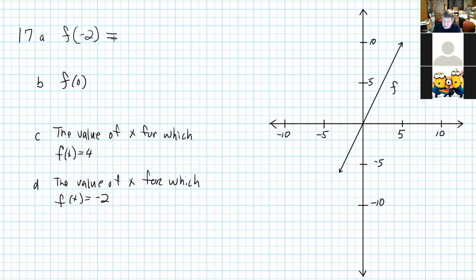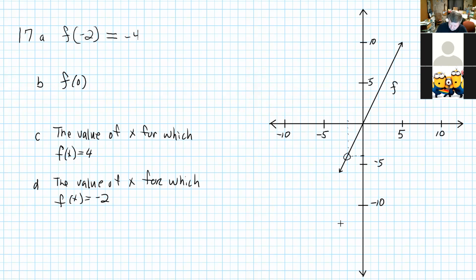F of -2 would be what? Well, that's like completing the ordered pair, -2 comma something. So on the graph, where is there an X value of -2? That would be right here, wouldn't it? So what's the corresponding Y value? -4, right there.